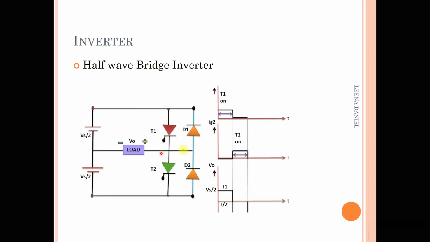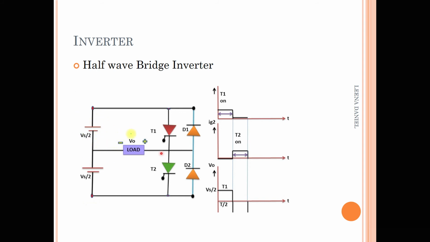So here one thyristor is used for creating one half, and I can say T1 is used to create the positive half of the AC supply, and T2 is used for creating the negative half, because now we have to create the positive half and negative half from the DC. So in the input side we are giving the DC supply.